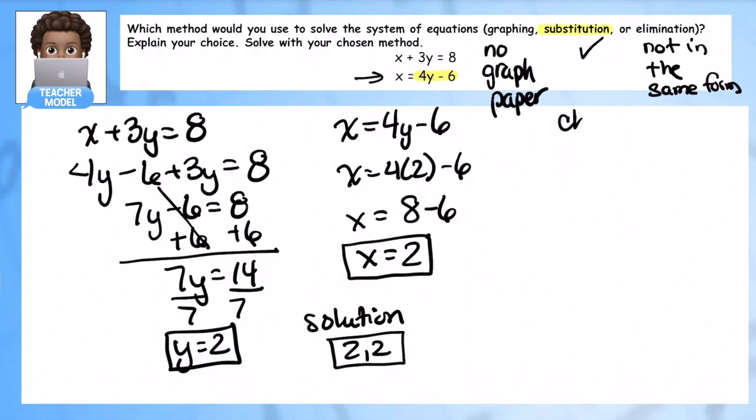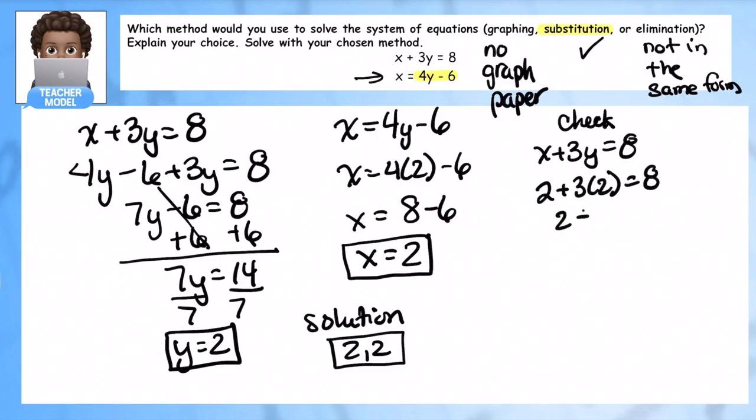Let's check algebraically to verify it's a solution. So 2, 2 works for the first equation.